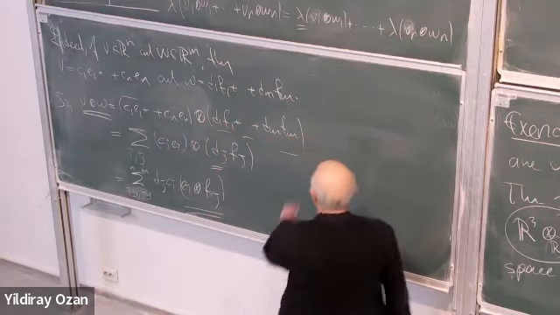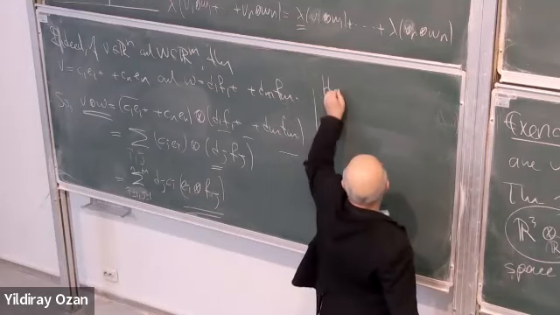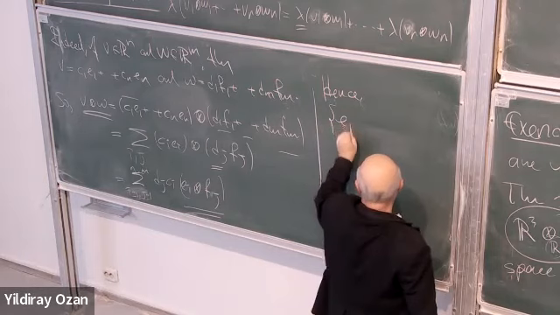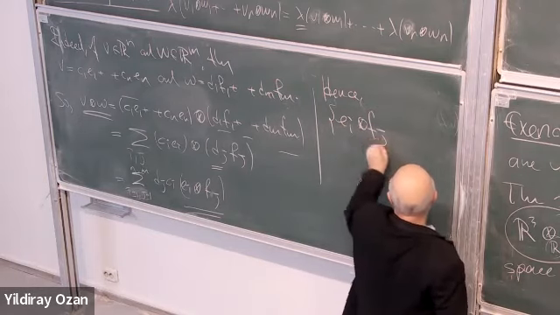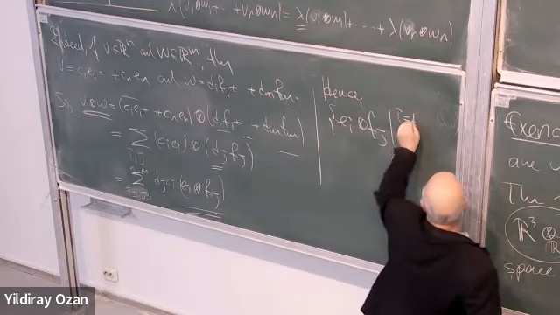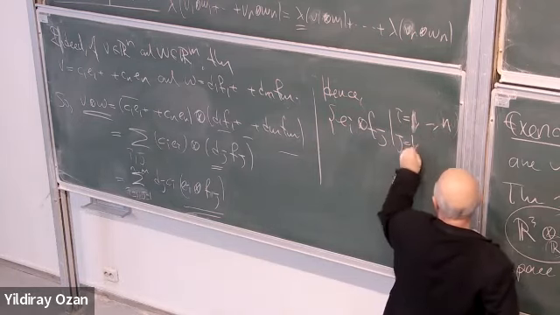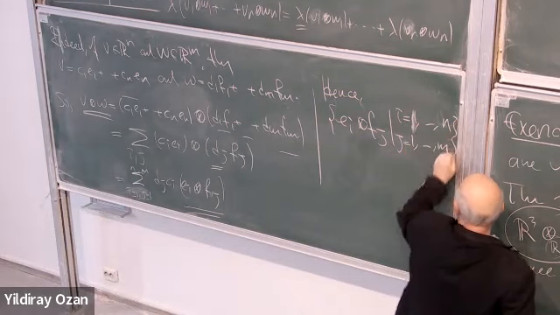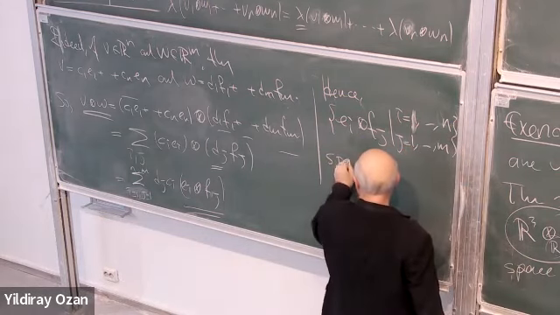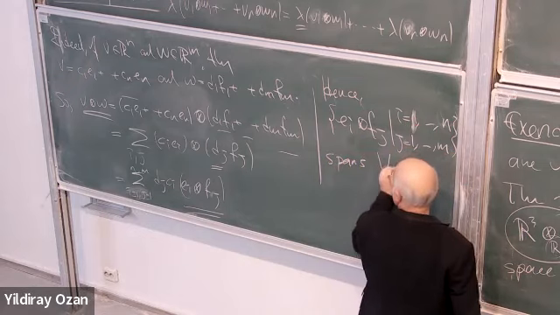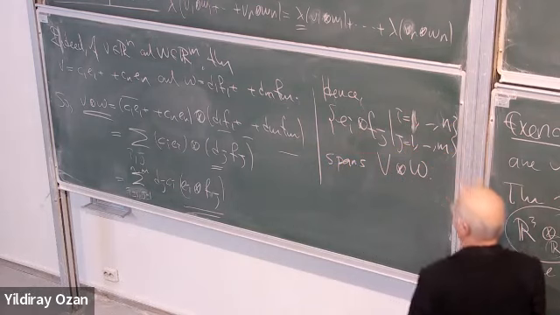Hence this set e_i tensor f_j, i from 1 up to n, j from 1 up to m, spans the vector space V tensor W.